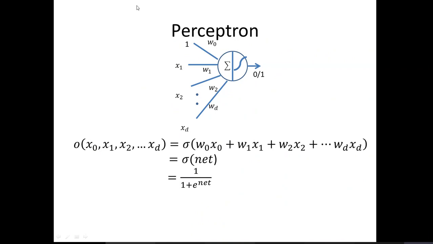Sigmoid unit. It's not perceptron. It's mistitled as perceptron. It is a sigmoid unit because it is not a step function here. What I have shown here is a sigmoid function.